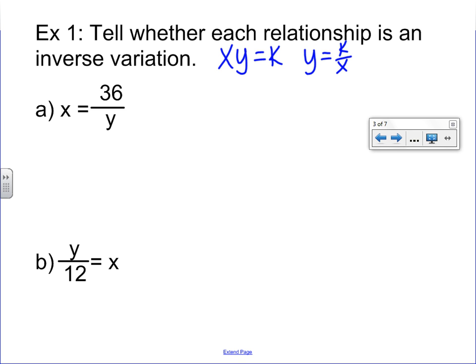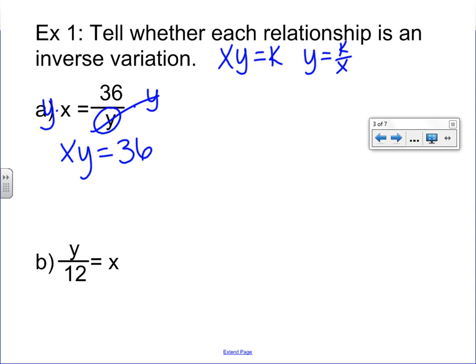On A, I want to get x and y on the same side. So to get x and y on the same side, I'm going to have to move the y. Right now the y is dividing into that 36, so the opposite of dividing is to multiply. So what I do to one side, I must do to the other. Y and y will cancel, leaving me with xy equals 36.